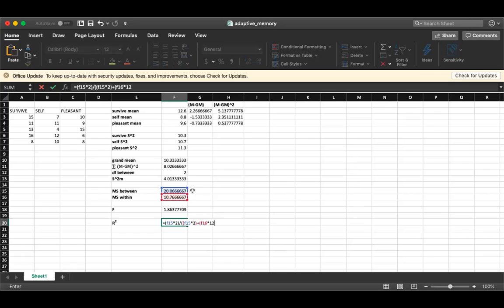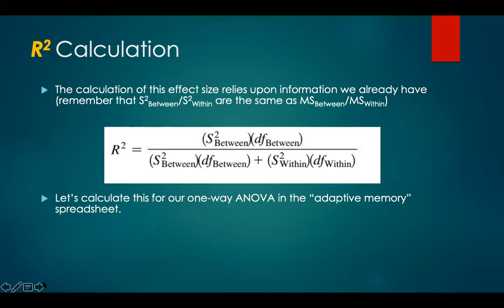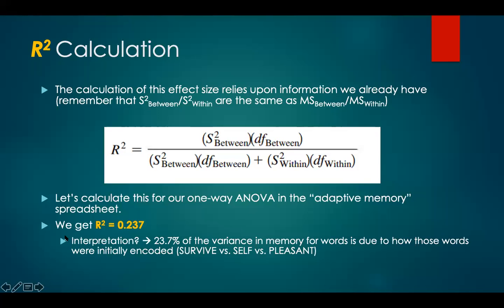So that is times 12. Close parentheses again. So the R squared we get is 0.24. And that checks out here. R squared equals 0.237 or 0.24.